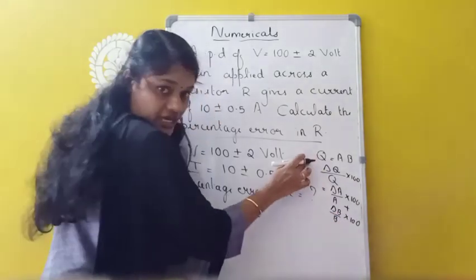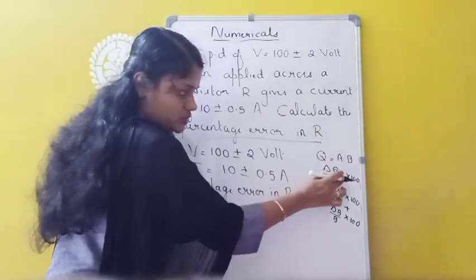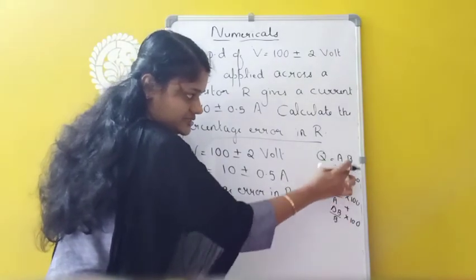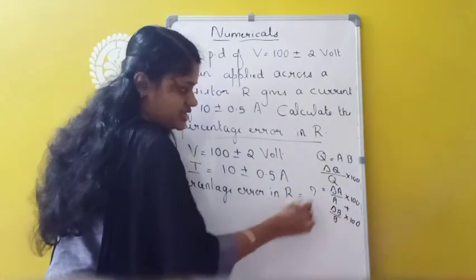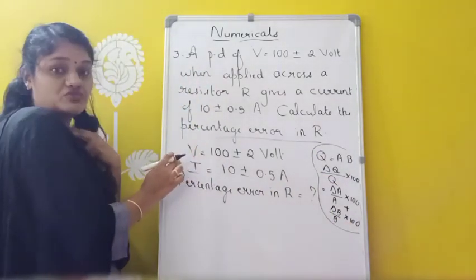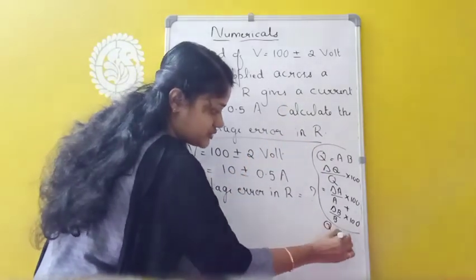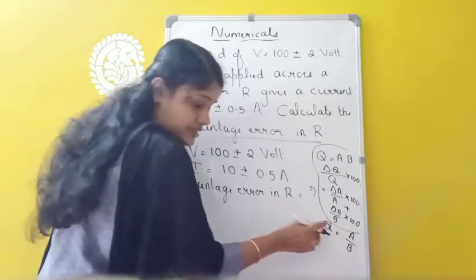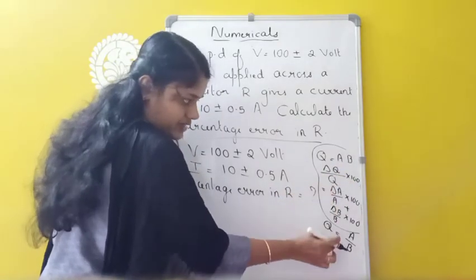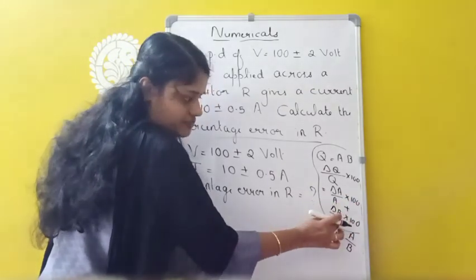So suppose we have a quantity Q equals A into B. We can write the percentage error in Q, that is delta Q by Q into 100, equals the percentage error in A, that is delta A by A into 100, plus the percentage error in B, that is delta B by B into 100. The same formula we are applying here also. We have to find the quantity R. This is applicable for division also. Suppose we have a quantity Q equals A by B. Then also the percentage error in Q equals delta A by A into 100 plus delta B by B into 100.